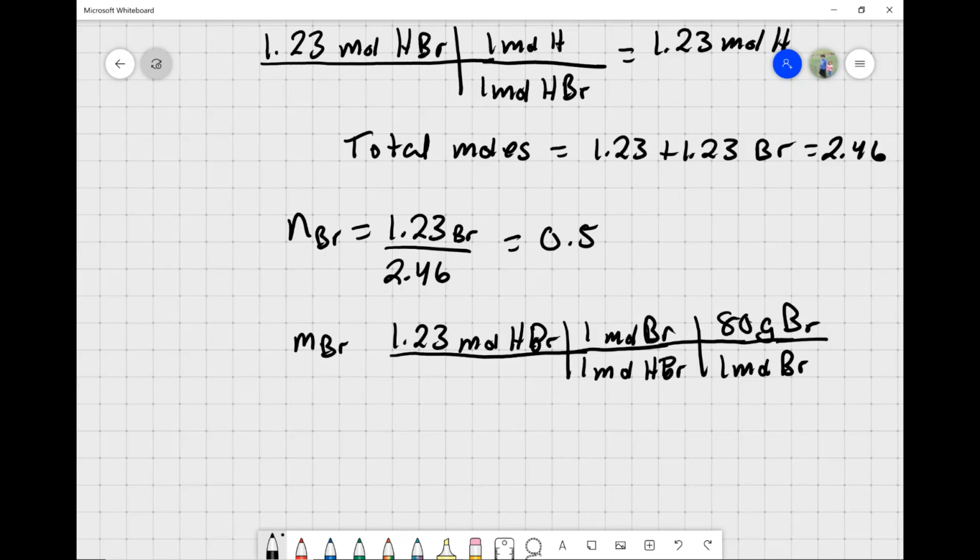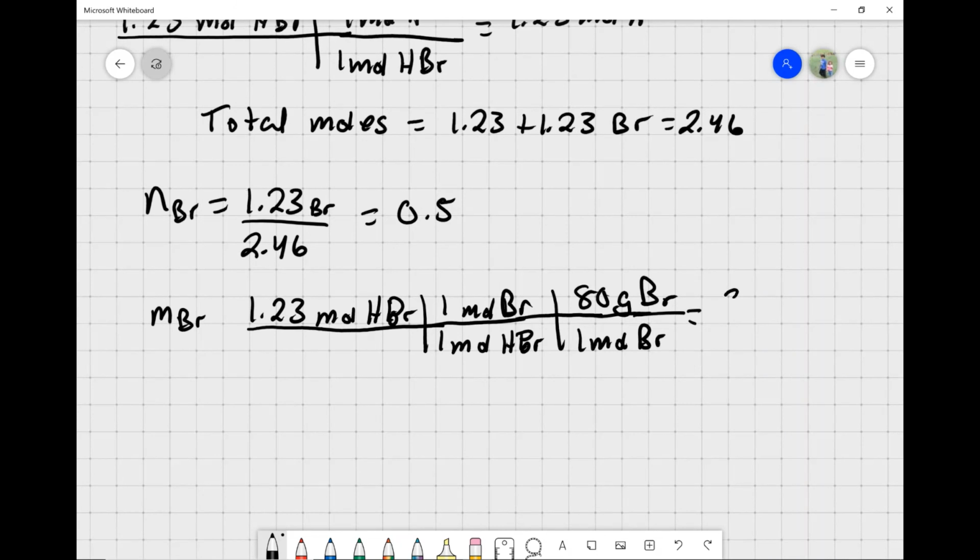According to our basis, 1.23 times 80 should equal 98. Oops, I got 98.4. So there's 98.4 grams of bromine.